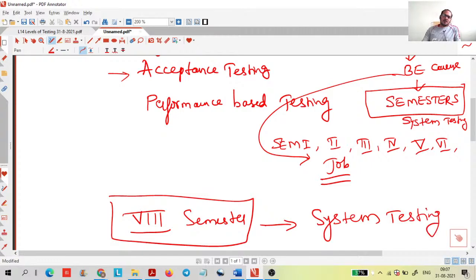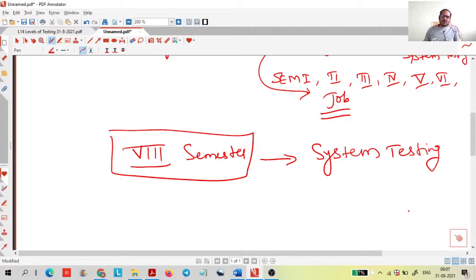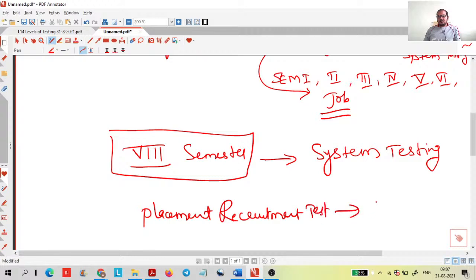Once the system testing is covered, to get into a job there is the placement recruitment test. We can call it acceptance testing, checking whether the candidate is suitable to work in the industry.